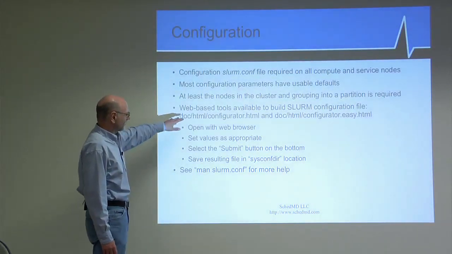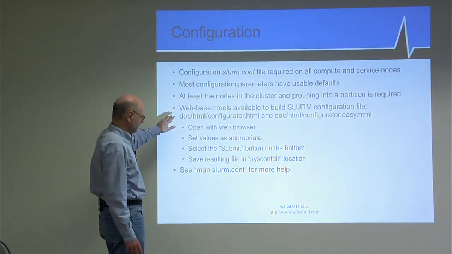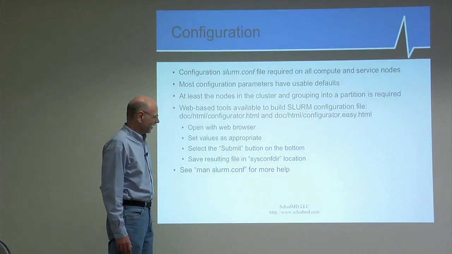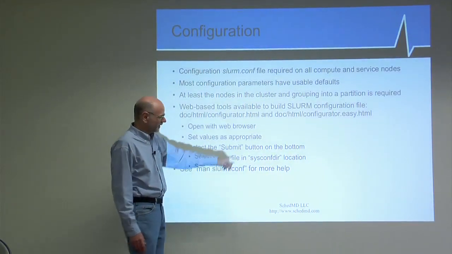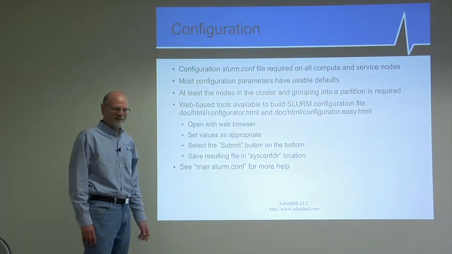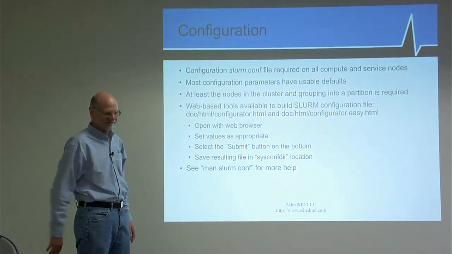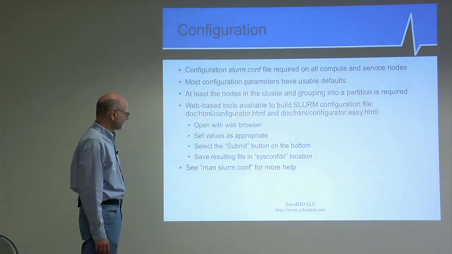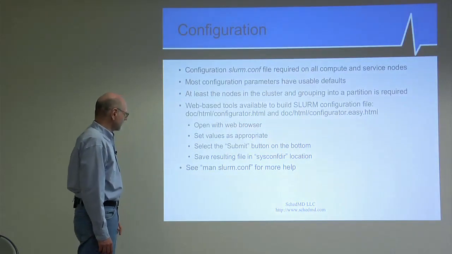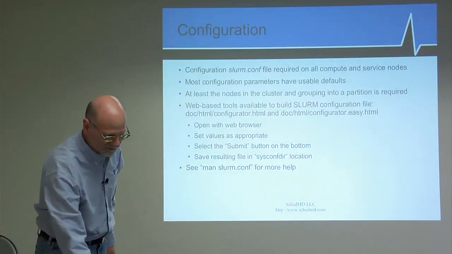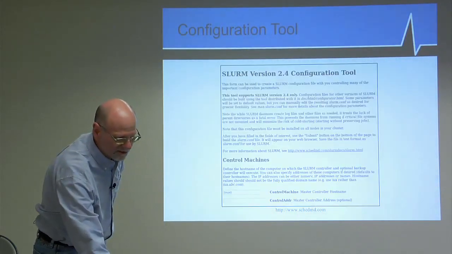It comes with the Slurm distribution. One's called Configurator. And if you want the bare bones one, there's a Configurator Easy where you basically need to make half a dozen choices and click generate, and it'll make the configuration file for you. And just save it. There's a man page for the configuration file, slurm.conf, to give you more help.